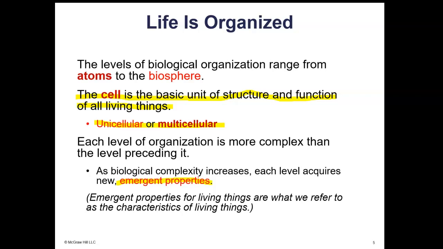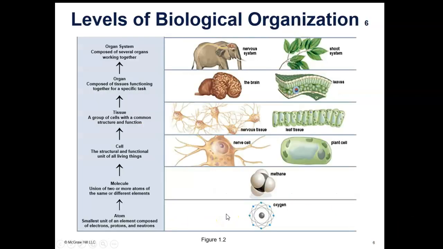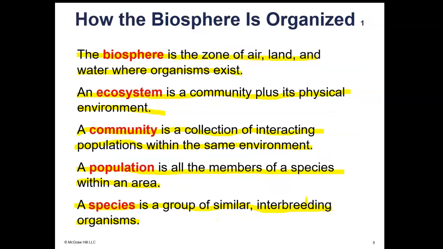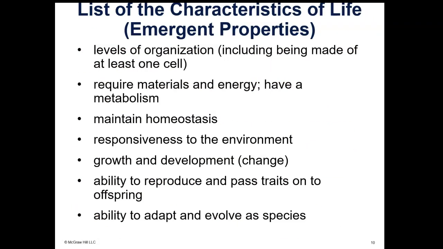As the complexity increases, there will be even newer emergent properties. But when we talk about emergent properties, it's just when we list the characteristics that all living things share. And I'm going to skip to the slide that has all the emergent properties listed.